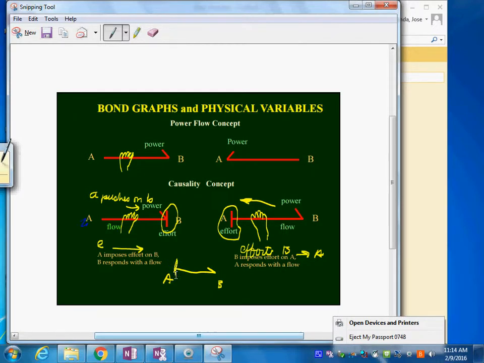Can you give us an example of when the effort is not on the same side as the power transformation? Yeah, for example, let's just put the resistive element in. Here's a good example. This R, you have obviously from here to here a voltage and you write voltage equals I times R, right?